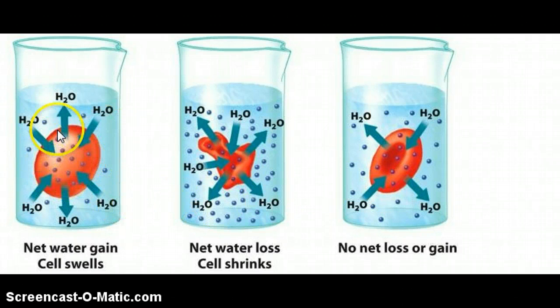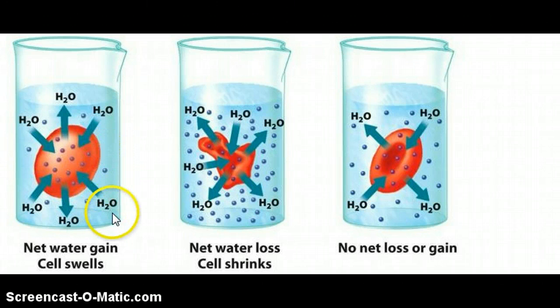Here you've got a scenario in which this red blood cell is submerged in water, and within that water you have some dissolved substance, but you have even more dissolved substance inside of the cell. And remember, I told you that that substance cannot leave the cell. So somehow we want the concentrations inside the cell and outside the cell to be more similar.